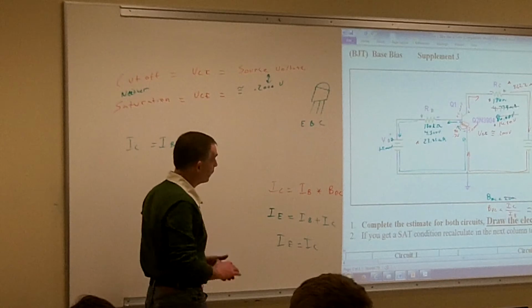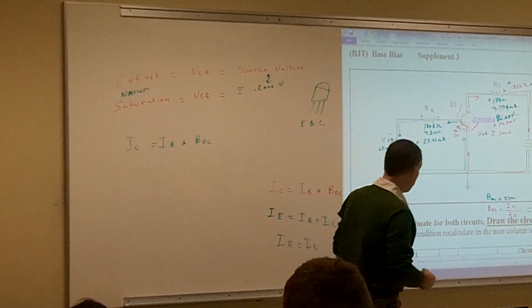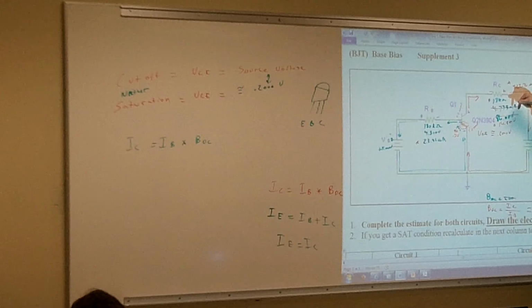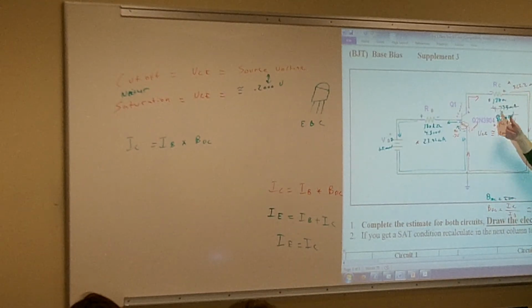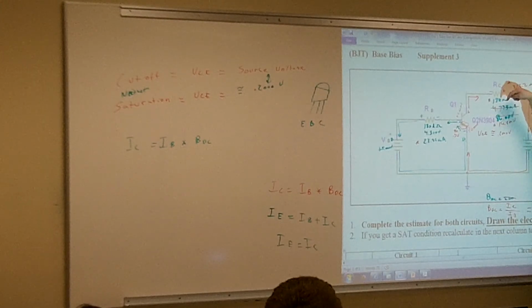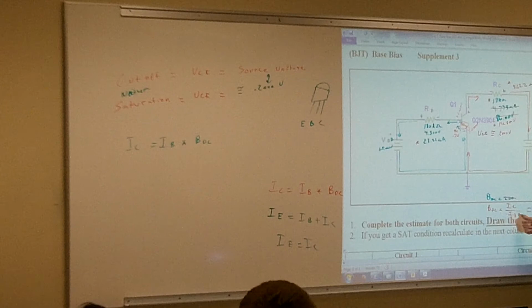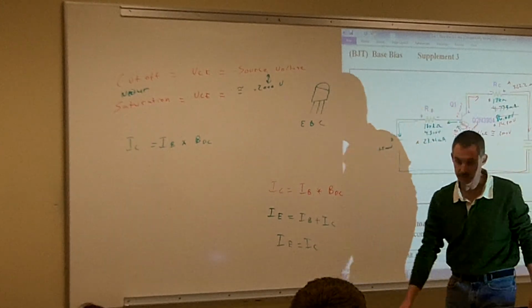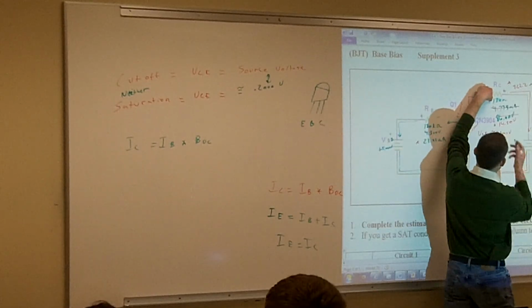Yep. We're going to put that transistor, what we call, into saturation. Remember, what determines the current through the collector is this resistor right here. So if I lower the value of this resistor, then my current would start to go up. As I lower the resistance of RC, my current's going to go up.